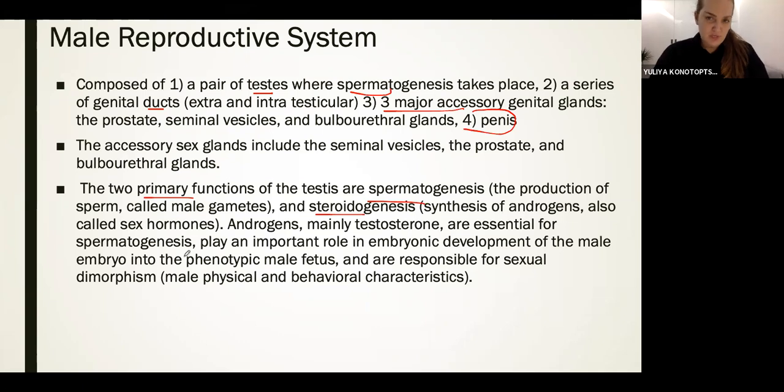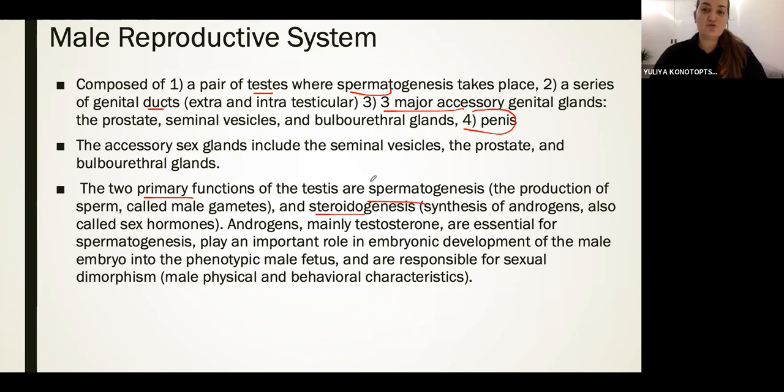My question to you is, if you have a boy, a man, whose testes did not descend, so they're still somewhere in the abdominal body cavity, which functions will be impaired? Will it be both of them or just one of them, or what do you think?